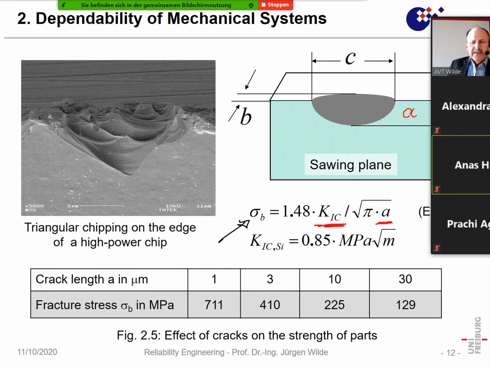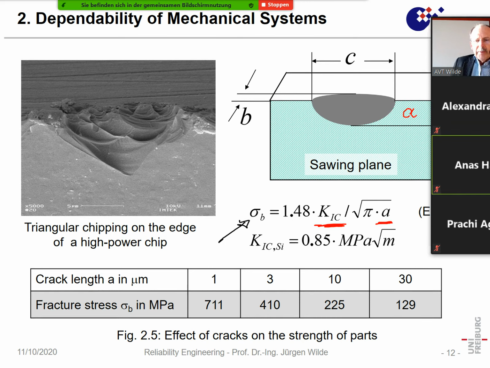measured in micrometers, and when we take just normal silicon, when we have a crack of 1 micrometer, so it's almost crack-free, but not really, then we have a fracture stress of 700 megapascal.